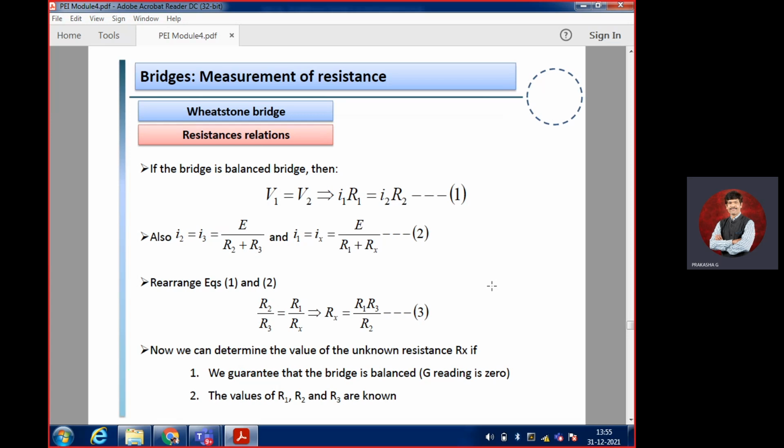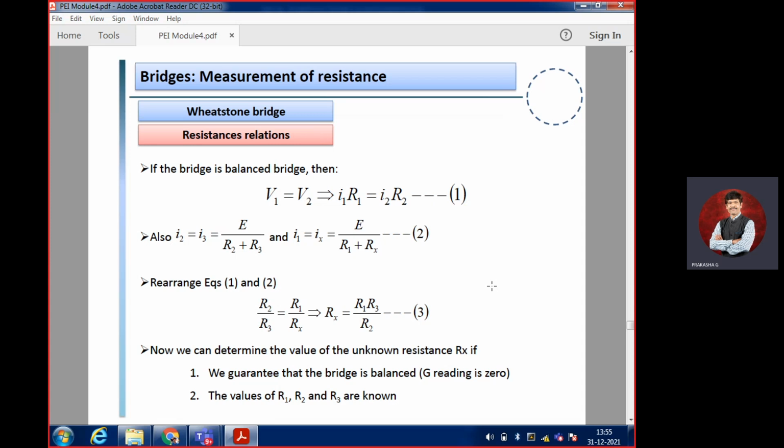Now this equation we also know: P by Q is equal to R by S, so Rx can be calculated as P by Q into S. We did that in the lab, and once we know the P, Q and S values, the Rx value can be easily identified. The same thing is given here.